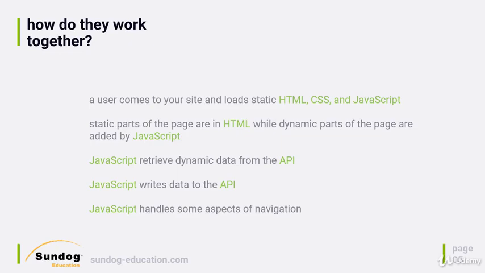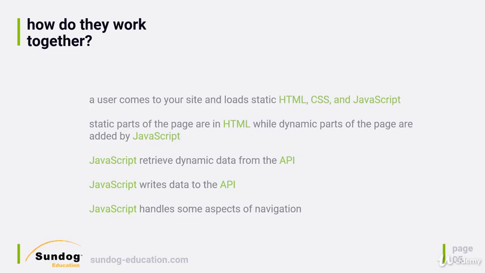Okay. Then the static parts of the page are in HTML, while dynamic parts of this page will be modified by the JavaScript that you downloaded along with everything else initially. So if there's anything you need to modify dynamically to this page, the JavaScript that you already downloaded from S3 will take care of that. Next, your JavaScript will retrieve any dynamic data or information that it needs from the API gateway. It will write the data that it received back from the API to further modify the HTML that you're presenting to the user.